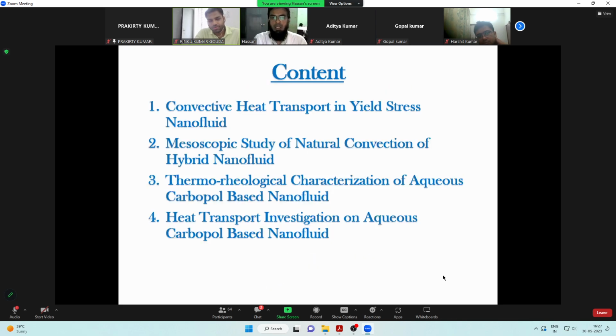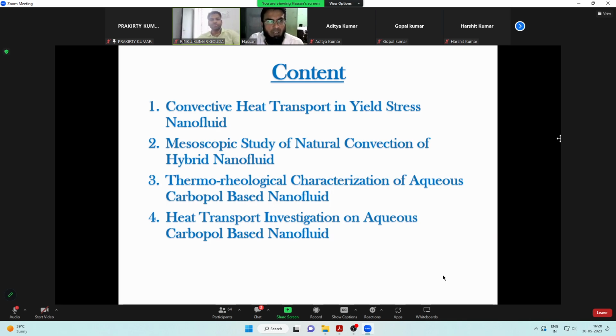We here deal with nanofluids, where a nanofluid is a class of fluid where a base fluid is mixed with certain nanoparticles. Once they are mixed with nanoparticles, the behavior no more remains Newtonian, rather it becomes non-Newtonian. And this colloidal solution of nanoparticles, though very small in quantity, sometimes as low as 0.05%.